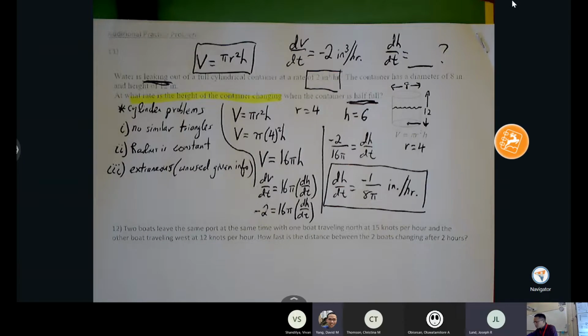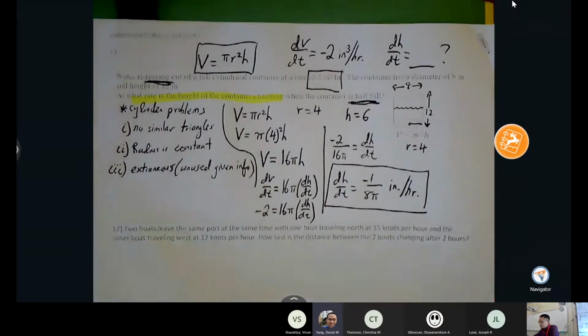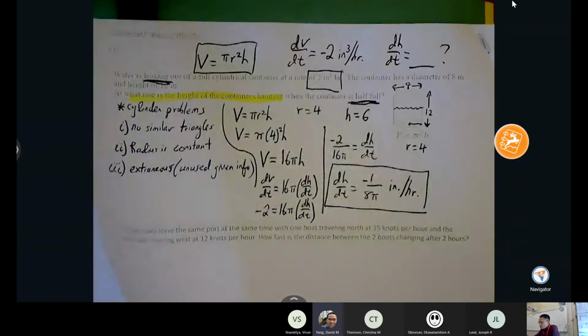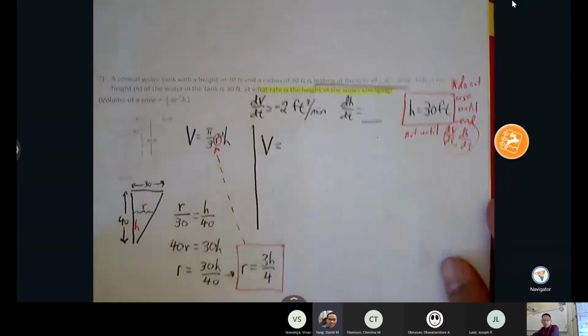Could we do number 7? Mm-hmm. Okay, so we did number 7 in class, but I think it's good to review through the steps.